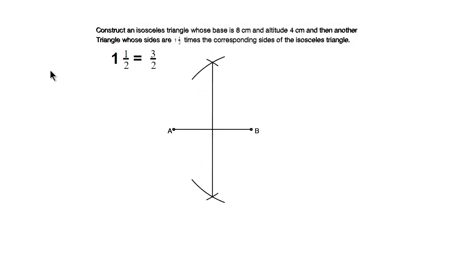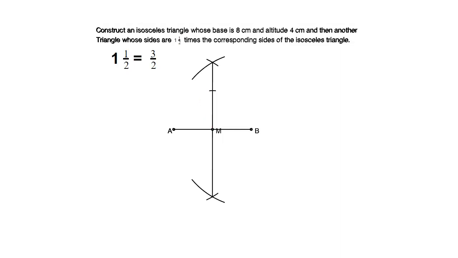Now let us name the point where the line AB and the perpendicular bisector intersect as M. Now you can observe in the question it is given that the altitude is 4 cm. We have drawn a perpendicular bisector and the altitude will be on the same line. So you need to take the measurement of 4 cm in your compass, keep your compass at point M and draw an arc.